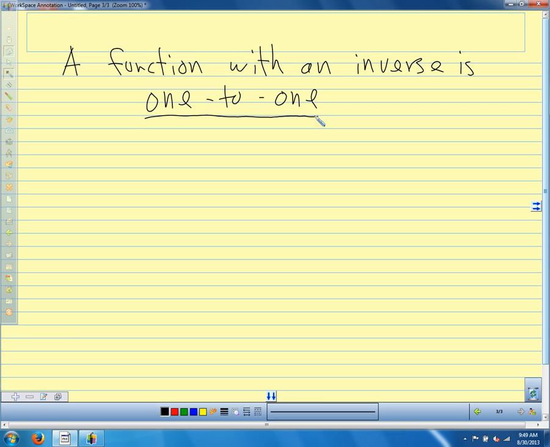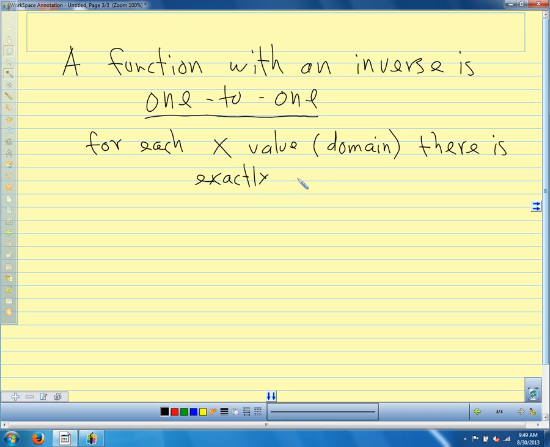And what that tells us is if a function has an inverse, it is one-to-one. If it is one-to-one, then it has an inverse. What one-to-one means is for each x value, so each value in the domain, there is exactly one value in the range. One y value. So that's the range.